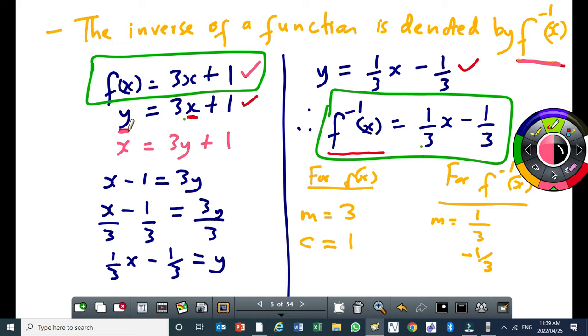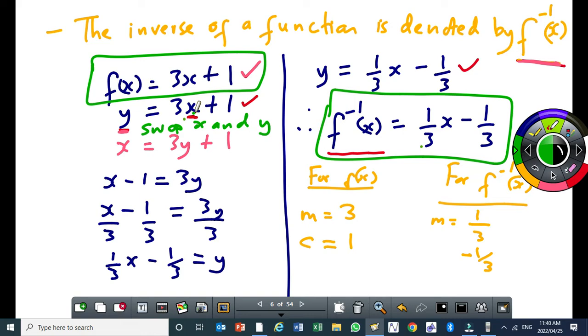Then we have to interchange x and y. Now this is important. We have to interchange, or maybe let me use the word swap. Swap x and y. So this y here becomes x, that x there becomes y. Okay? So that the equation becomes x equal to 3y plus 1.